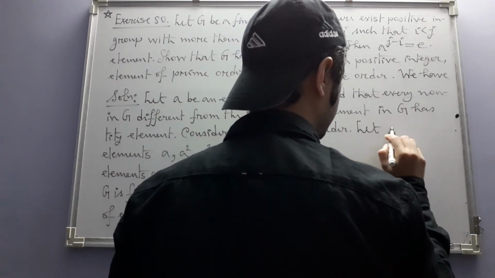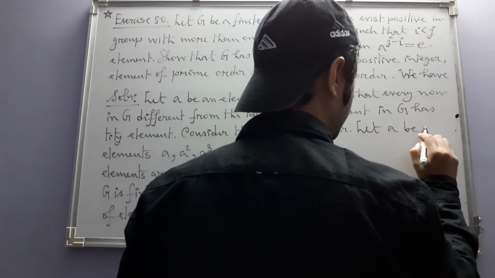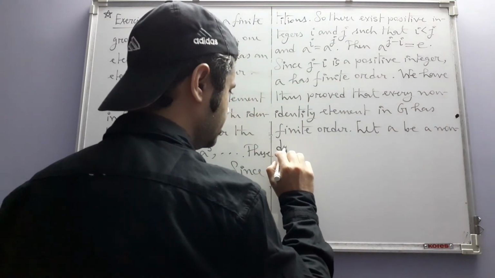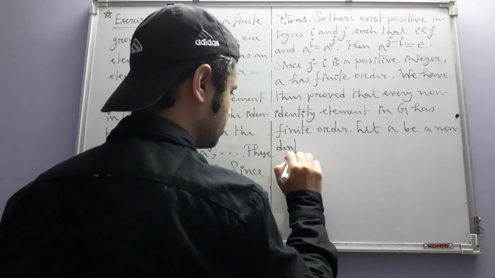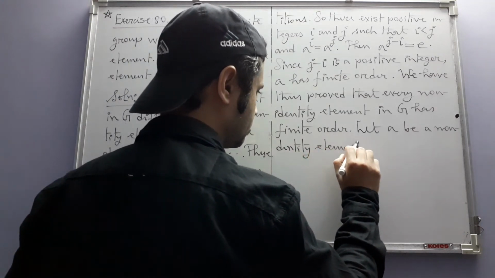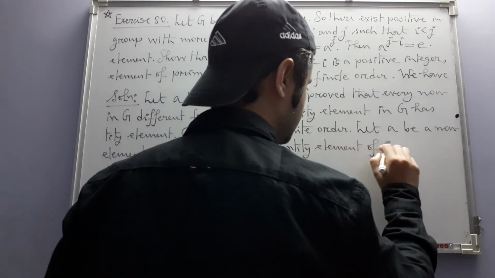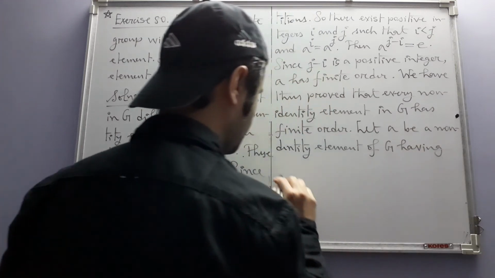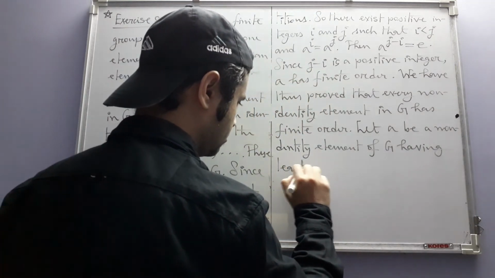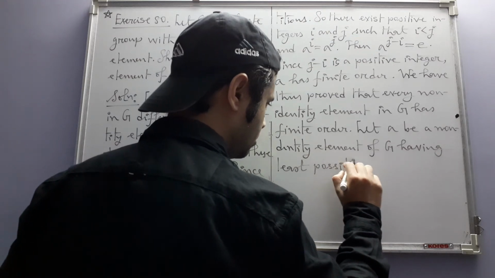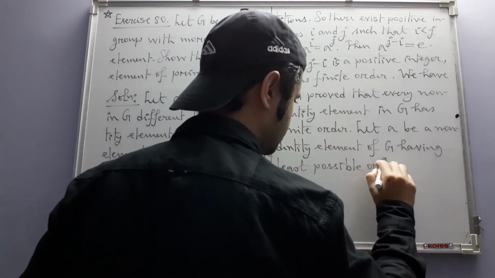Let a be a non-identity element of G having least possible order.